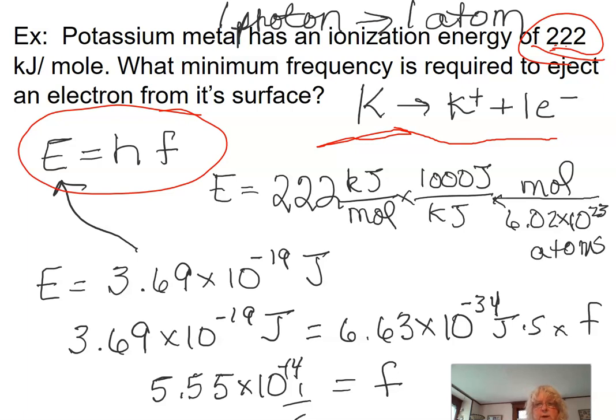So I took my 222 kilojoules per mole, multiplied by 1,000 joules per kilojoule, and then divided by the number of atoms in a mole. And I came up with 3.69 times 10 to the minus 19 joules. Now, I took that number and plugged it back into my equation. I used Planck's constant for h, and I solved for the frequency, and I get 5.55 times 10 to the 14th per second.